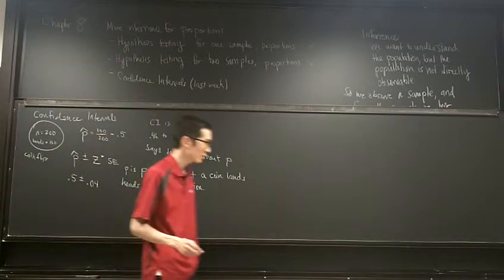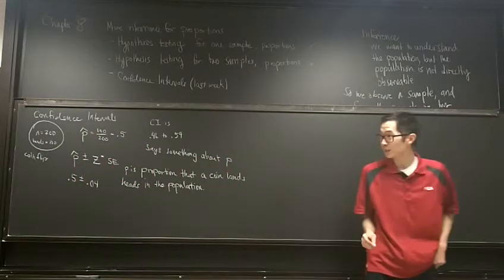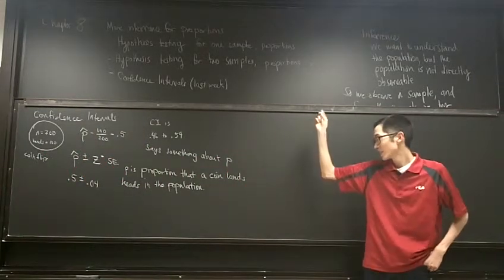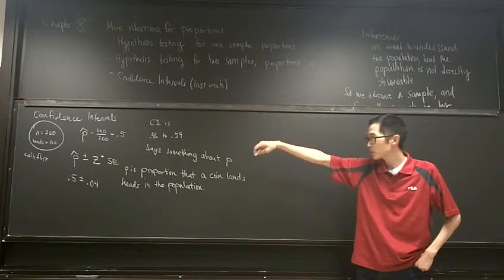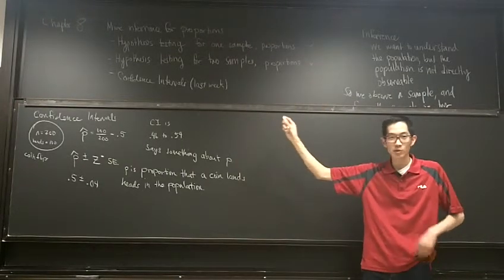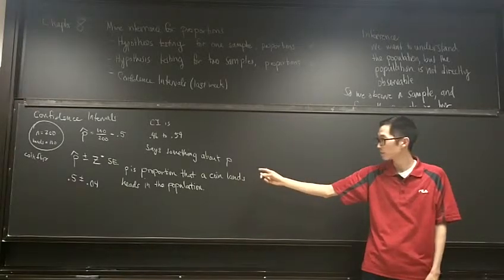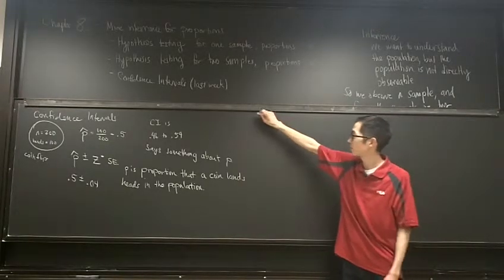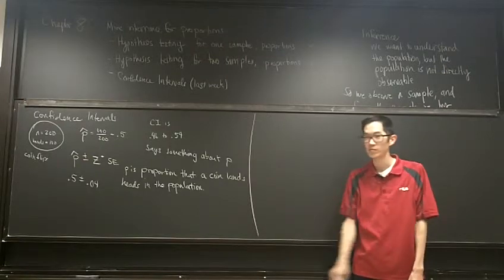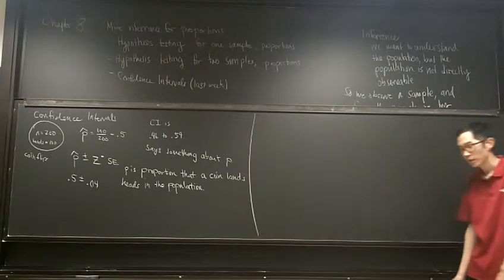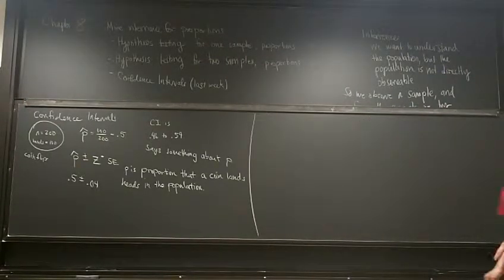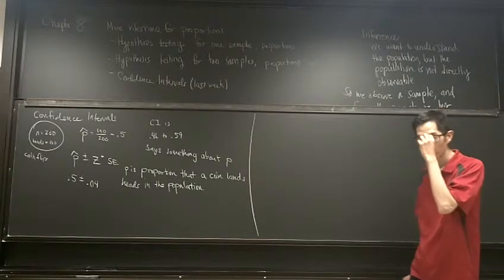So that is our confidence interval. We observed a sample, and from the sample, we create a range of plausible values for P. That's one inference method that you learned last week.